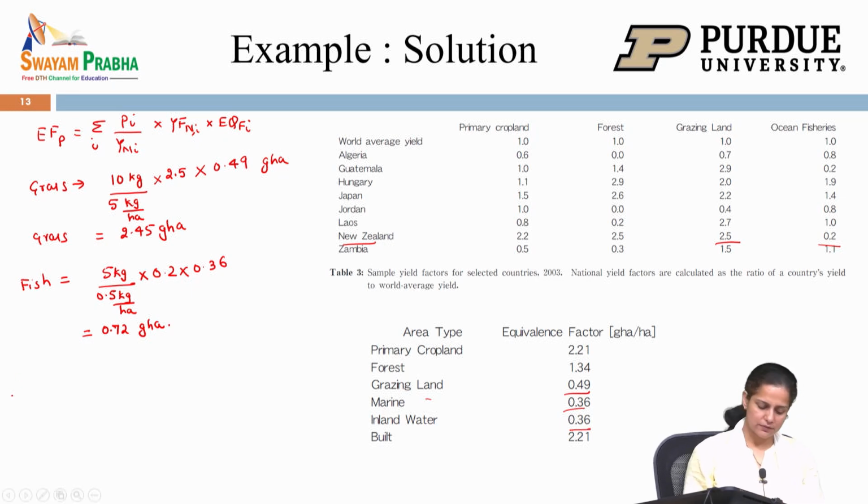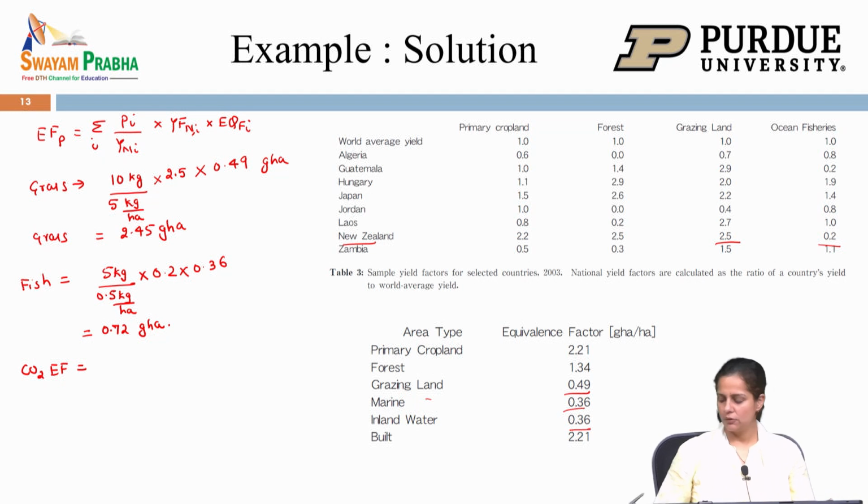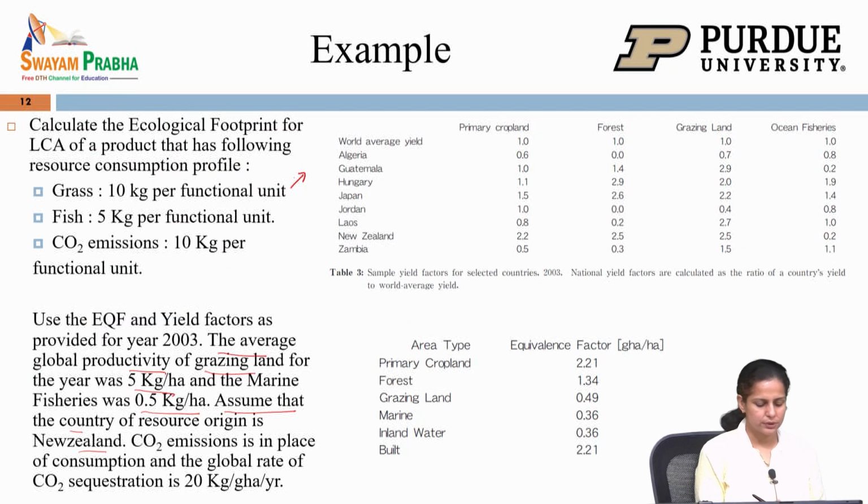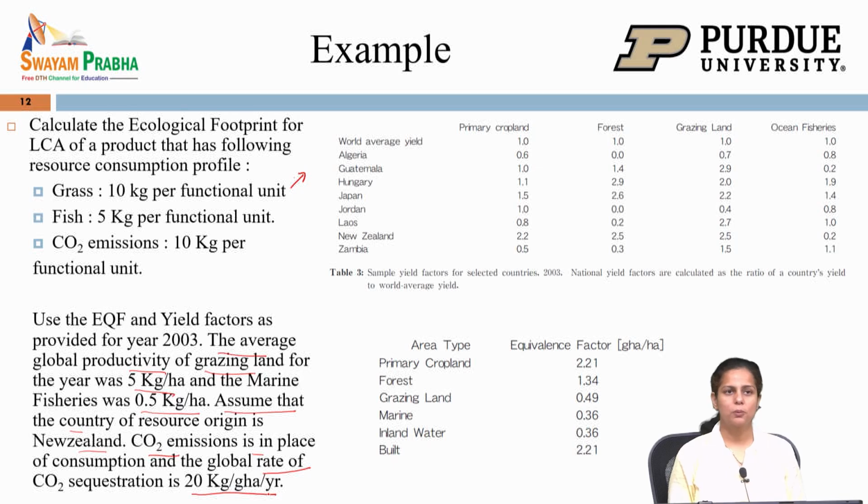And then the last is our CO2 ecological footprint. The information provided for the CO2 emissions is that the global rate of CO2 sequestration is given as 20 kg per global hectare. So, you are directly given how much global hectare is needed for sequestration of 20 kg.